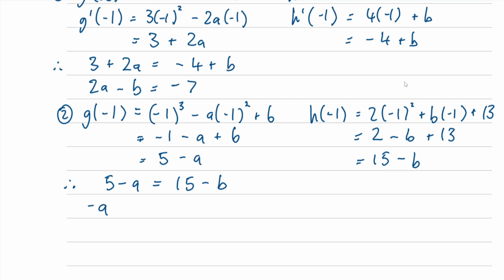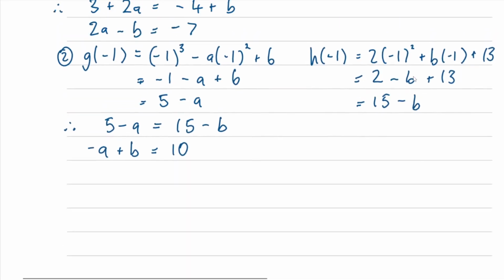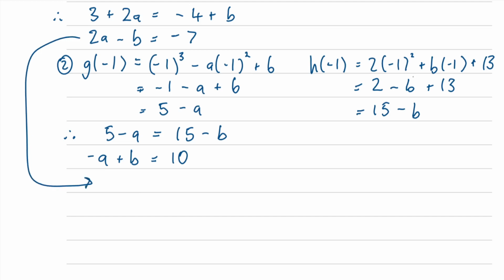So minus a plus b equals 10. Cool. Now I will just write those equations one on top of the other. Or I'll bring this one down here. Cool. So here is our system of equations.